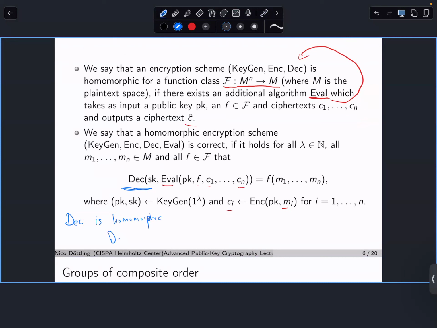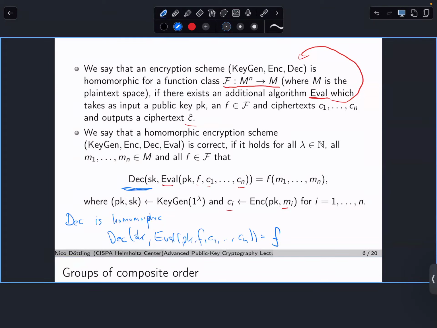We have the decryption, using the secret key, of Eval with the public key, f, and C1 to Cn. That's the same thing as I wrote up there. It is the same as, now let me rewrite it on the right-hand side, where I was just writing f of M1 to Mn.